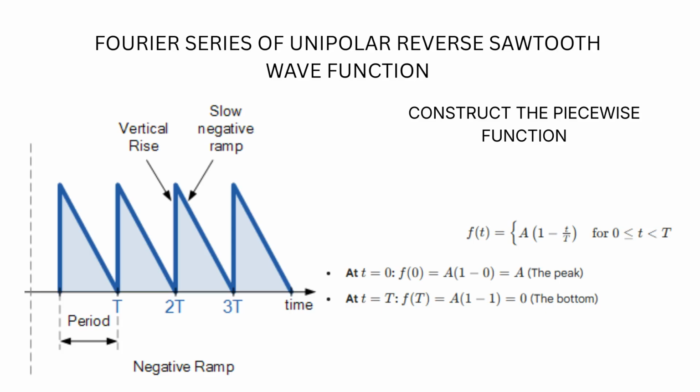At t equals big T, the function becomes f of big T equals 0, corresponding to the bottom of the ramp. This piecewise function fully describes one cycle of the unipolar reverse sawtooth. By extending this function periodically, we obtain the complete waveform shown earlier. With this time domain expression established, we are now ready to proceed with the Fourier series derivation.